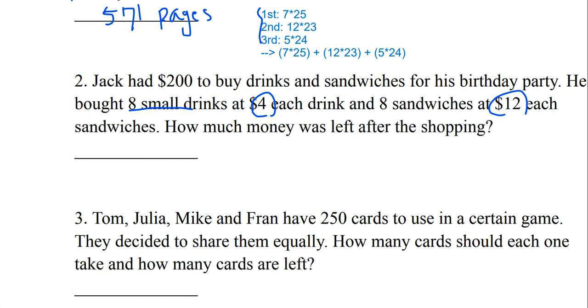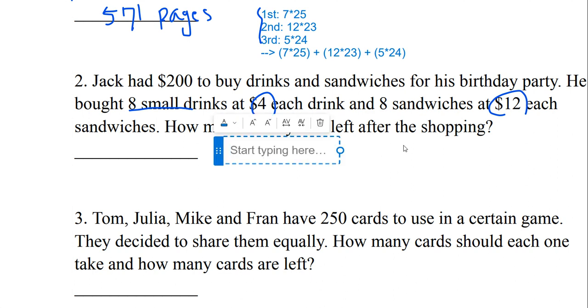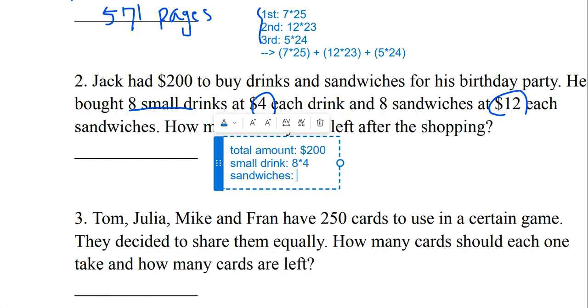So we can also make an equation for this, and we can start off with the total amount of money, which is going to be $200. Then he bought 8 small drinks, and small drinks cost $4 each, so it'll be 8 times 4. And sandwiches are $12, and he bought 8 of them, so it'll be 8 times 12.